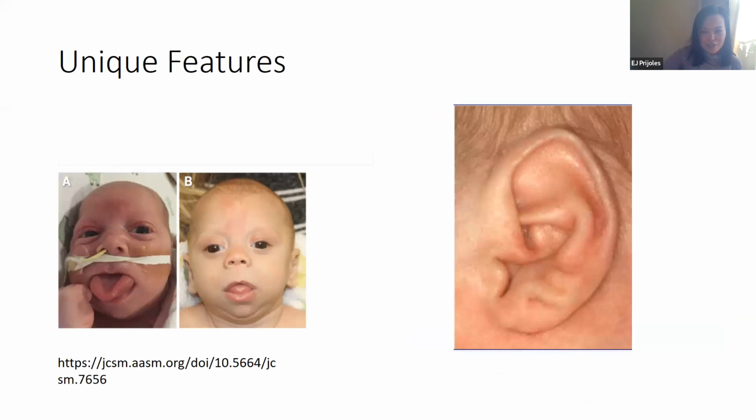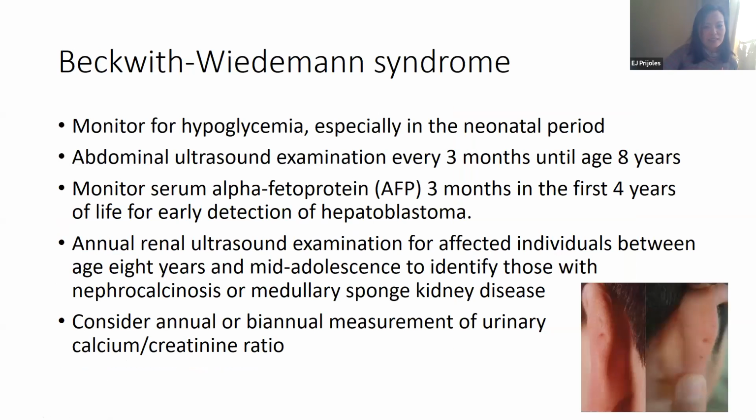And then I'll just go through. So we kind of went through several conditions with short stature, significant short stature, and then tall stature. Here are just a couple of unique features in particular conditions that we'll go through. So macroglossia and ear pits or creases, a condition that you might think of is Beckwith-Wiedemann syndrome.